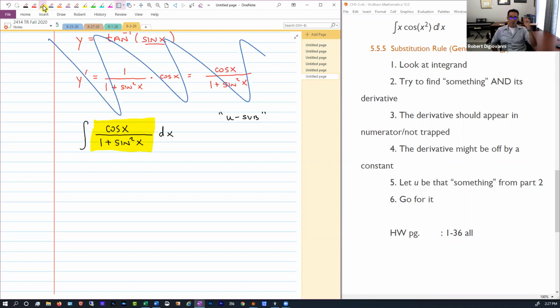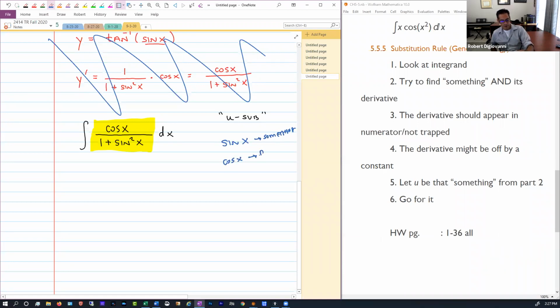The derivative that we're thinking of in our minds should appear in the numerator and not be trapped. Okay, so I'm going to write it down. Someone said sine x was the something, right? And then the derivative of that is cosine x.